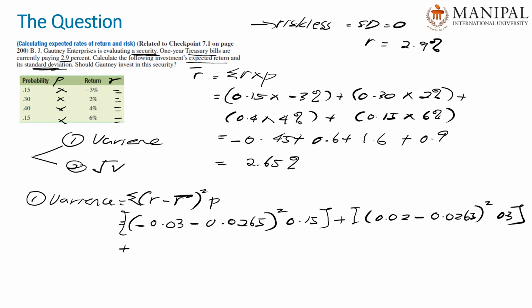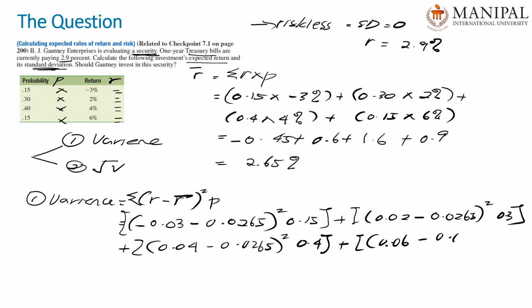Plus, we go to the third set, which is 0.04 minus 0.0265 to the power of 2, multiplied by 0.4. And the final set is 0.06 minus 0.0265 to the power of 2, multiplied by 0.15. So that is the 4 sets.